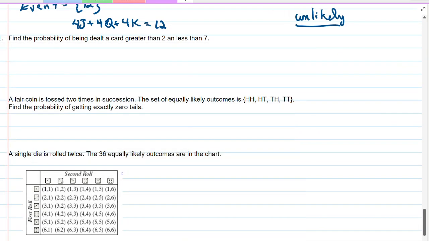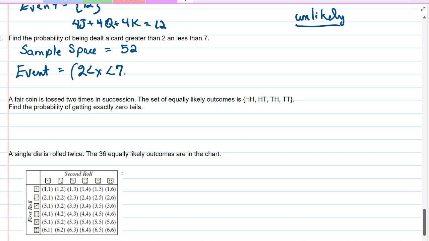Find the probability of being dealt a card greater than 2 and less than 7. Okay, so the sample space for the cards is still 52. And then for our event, I'm going to state that 2 is less than the value of what we want, which is less than 7. Of 3, 4, 5, and 6.